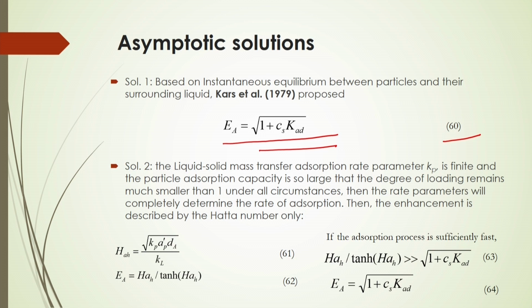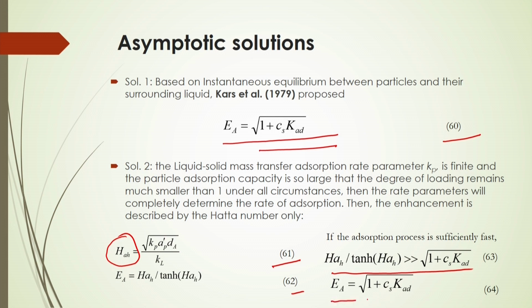And here other unknown parameters like equations 61 and 62 will give you the degree of loading inside the bed, and also determine the rate of adsorption and the enhancement, represented by the Hatta number, HA. This Hatta number depends on the reaction kinetics also.